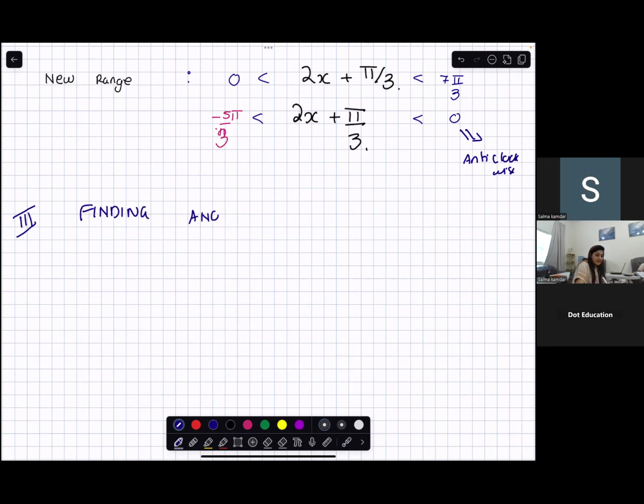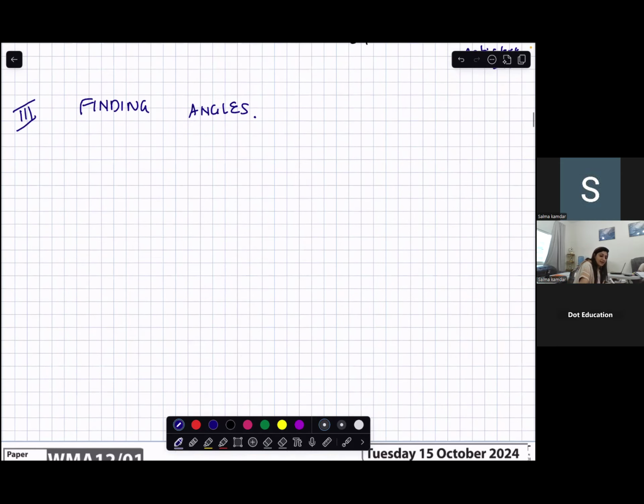Now, when I am finding my similar angles, I need to know one thing. I have to find all the values of 2x plus pi by 3 within the given range. So I am going to do two casts, one clockwise, one anti-clockwise.